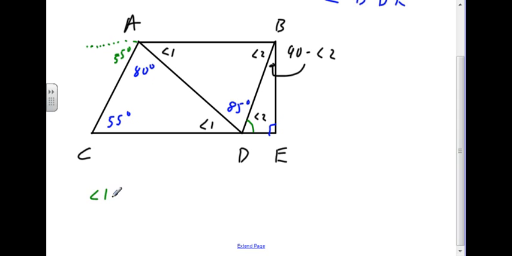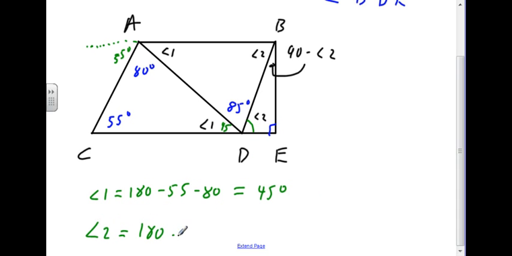So angle 1 is 180 minus 55 minus 80. 45 degrees. So now I know that this is 45 degrees. Now I can find angle 2, which is what I'm looking for. Angle 2 is 180 minus 85 minus 45, which would be 40 degrees. 40 degrees? Really? Angle 2 is 40 degrees?